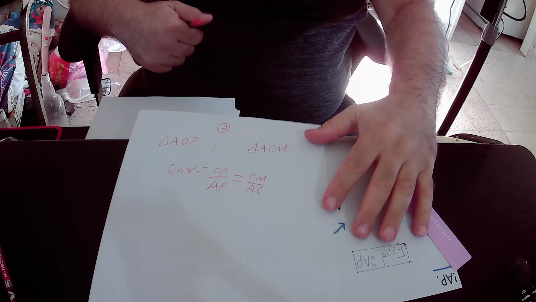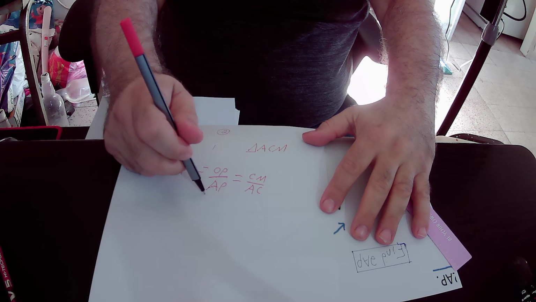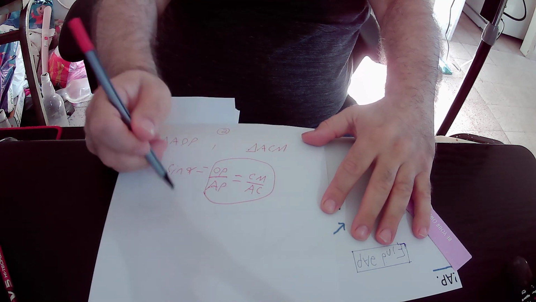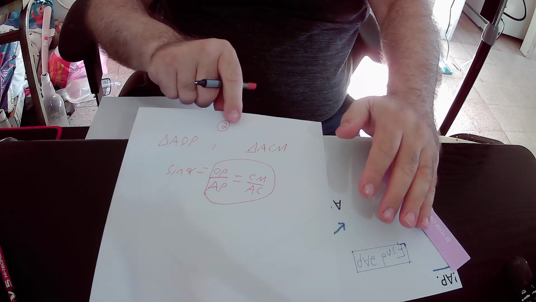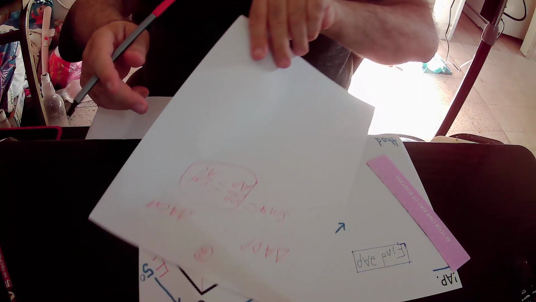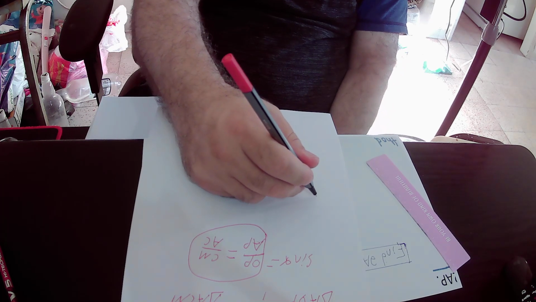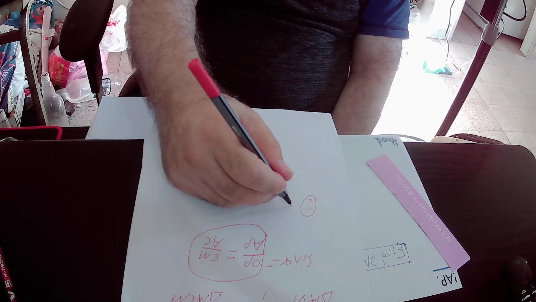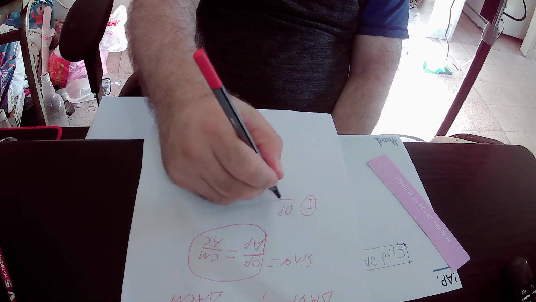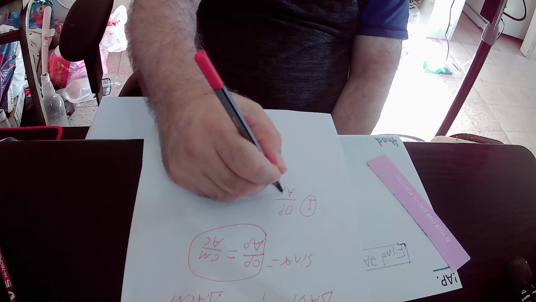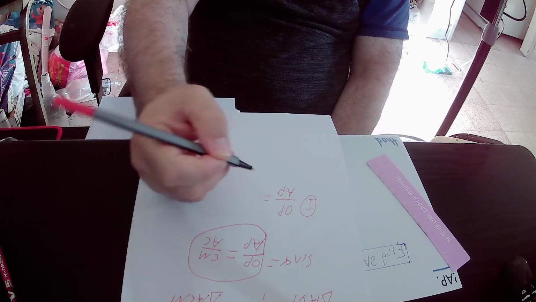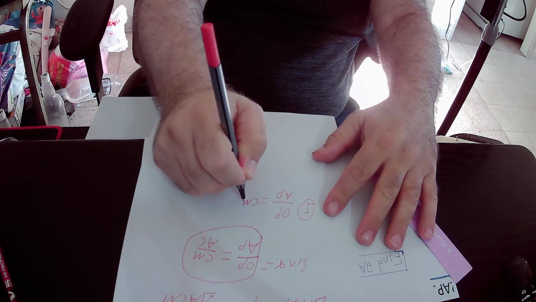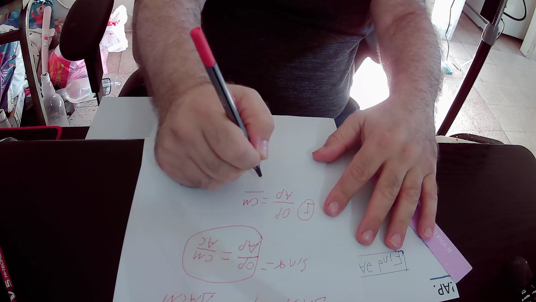So we will copy this equality here and call it equation number 1. Equation number 1 will be OP over AP equals CM over AC.